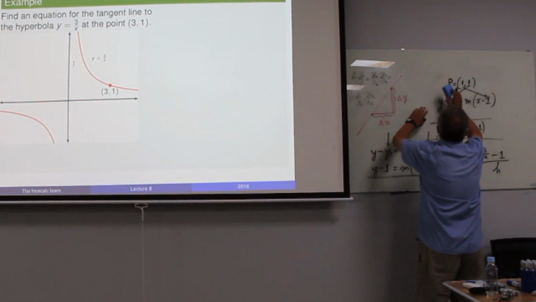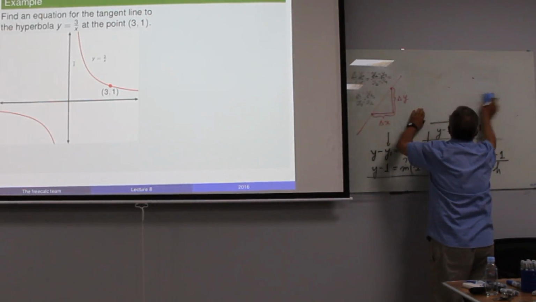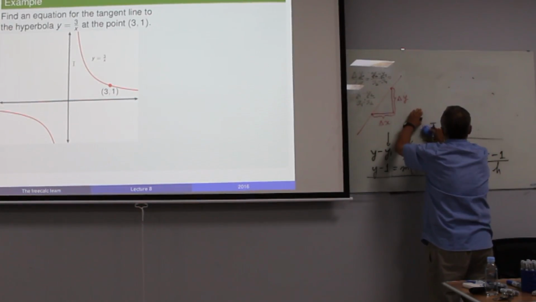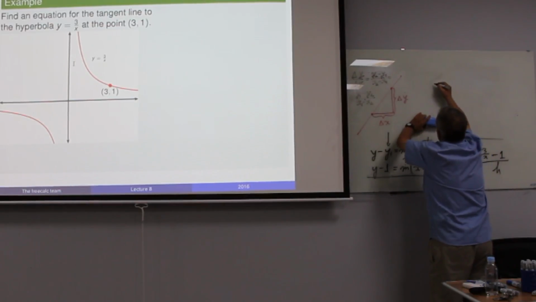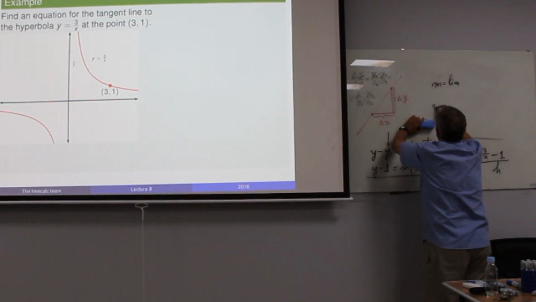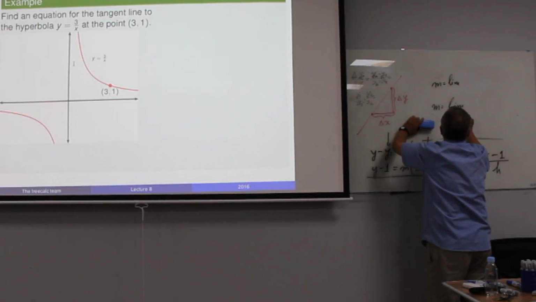Guys, let's put the most general definition of the limit. So m is a limit. I'm going to put the two definitions.